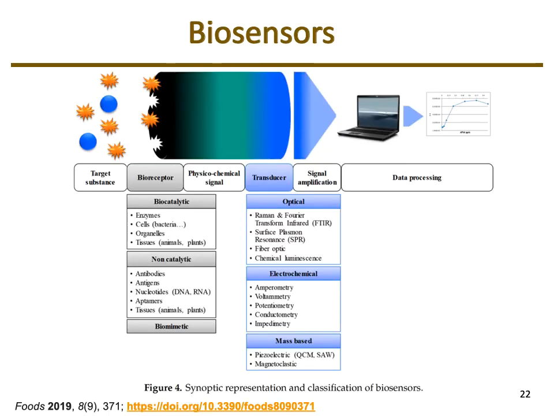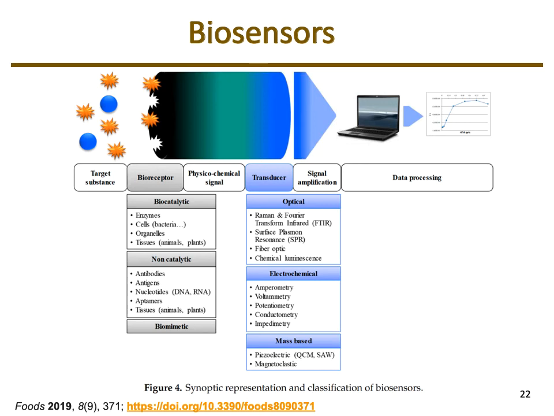Where a lot of the food industry is going is looking at biosensors. With biosensors, you have your target substance, and then a bioreceptor, which could react with enzymes, cells, organelles, tissues, or you could utilize antibodies, antigens, nucleotides.